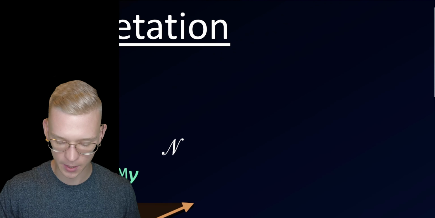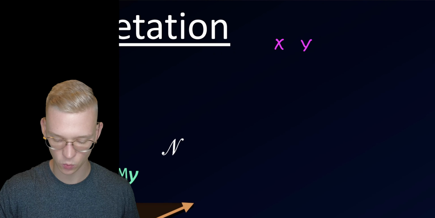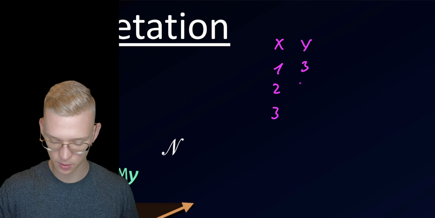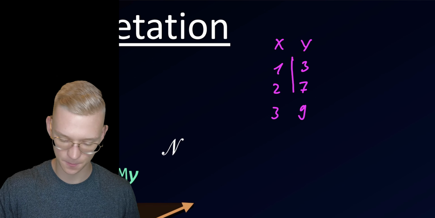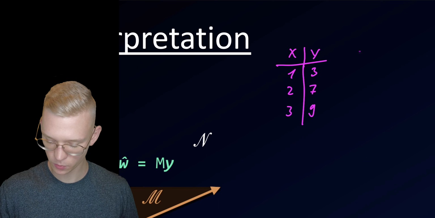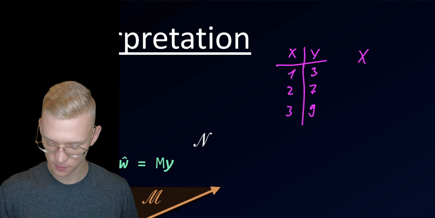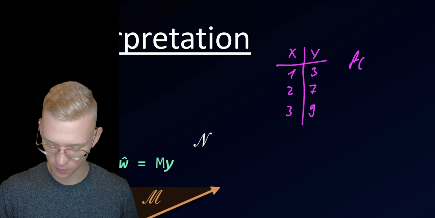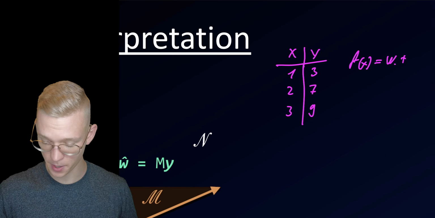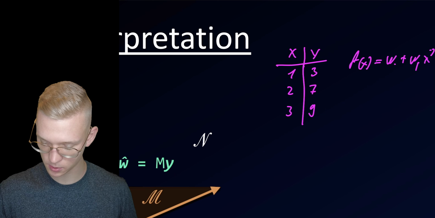Let's say we had our observations x and y, where x is 1, 2, and 3, and y is, for example, 3, 7, and 9. Then we proposed a function f of x equal to some weight or bias, omega 0, plus omega 1 times x squared.